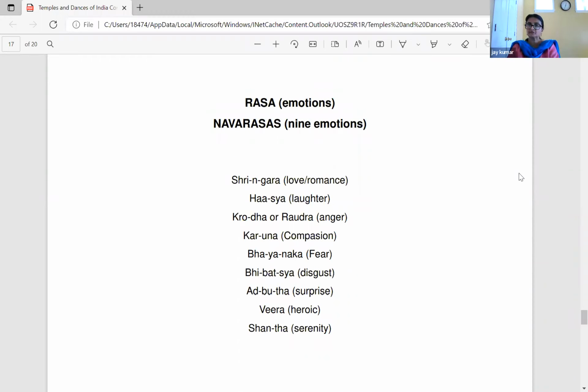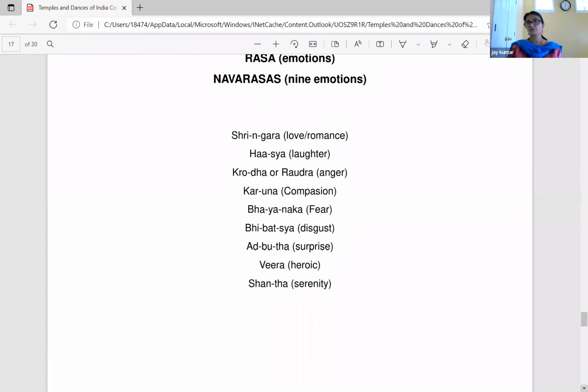Karuna, compassion or empathy. Bhayanaka is fear. Bibhatsya is disgust. Adbhuta is surprise. If somebody tries to surprise you, you will be surprised. Veera is heroic, and Shantahita is serenity. Okay, so those are the three basic elements which go to make up this form of dance.